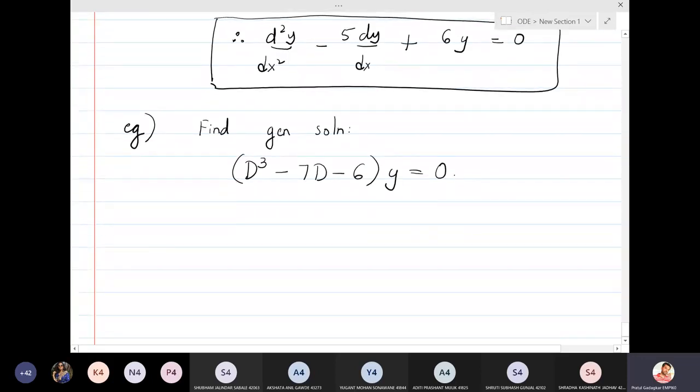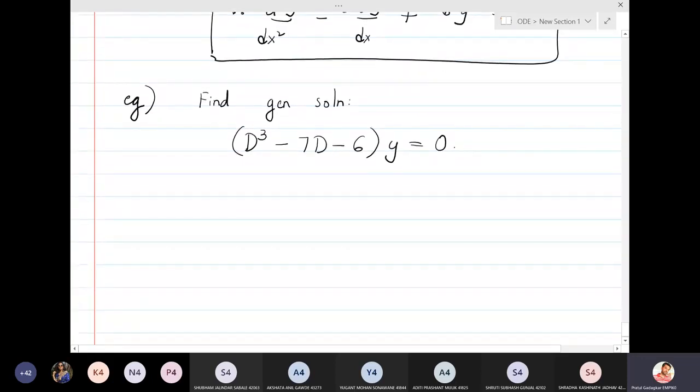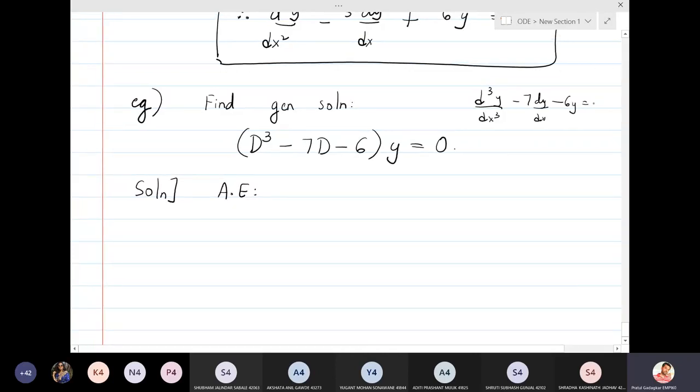Okay, so how am I going to solve this particular thing now? It is a third order differential equation, which is d cube y by dx cube minus 7 dy by dx minus 6y equal to 0. So we are basically looking at this differential equation.